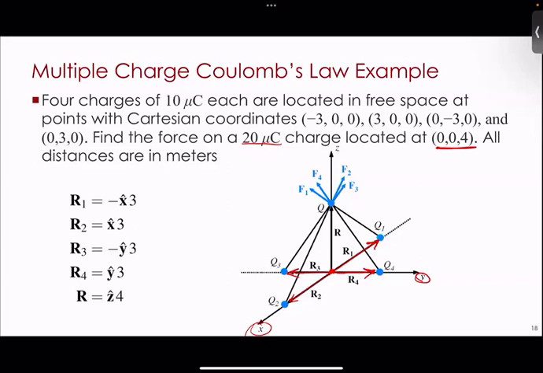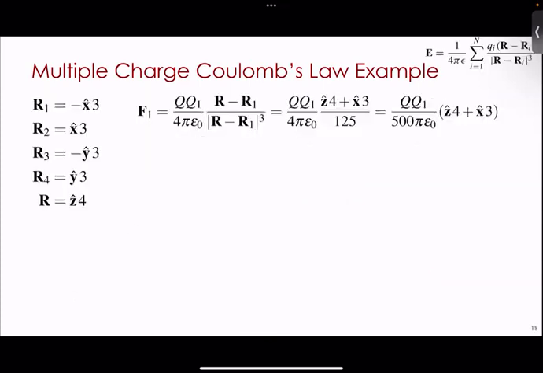So we need the vector from the origin to 0, 0, 4. That's straight up, in the z hat direction, and its length is 4. Once you do that, the question is kind of done. You just have to go through the steps and plug them into the equations. So with these in mind, let's just plug in the equation.